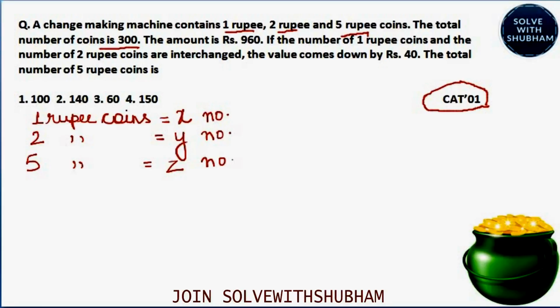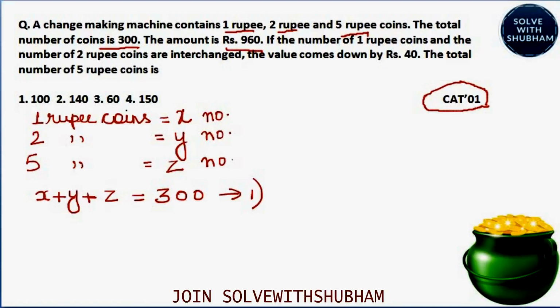The question clearly says the total number of coins is 300. So what does it mean? The first equation goes like x plus y plus z is equal to 300. This is equation number 1. Now the next statement says the amount is rupees 960.